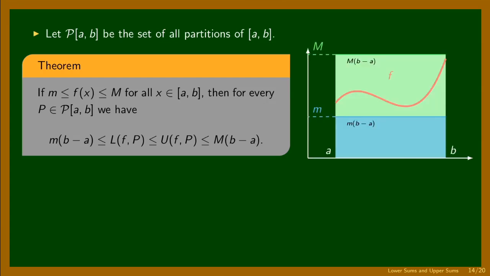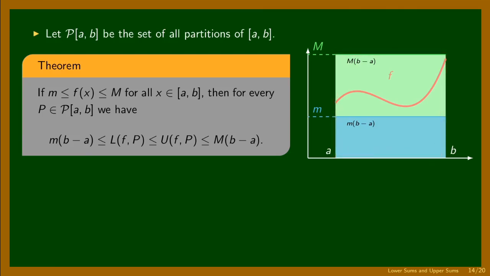Now, the question is, what are these numbers? You can look at this picture if you want. Again, yung little m siya yung lower bound ni f, yung big M siya naman yung upper bound ni f. Yung little m times (b minus a) is actually the area of this rectangle, the blue rectangle, right? Yung big M times (b minus a) siya naman yung area ng green na rectangle.